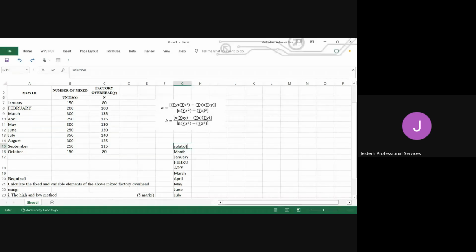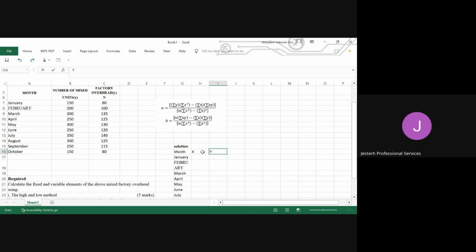Solution. Please pay attention to this. All right. Now, we want to determine our X and our Y. Remember that they give us these two.